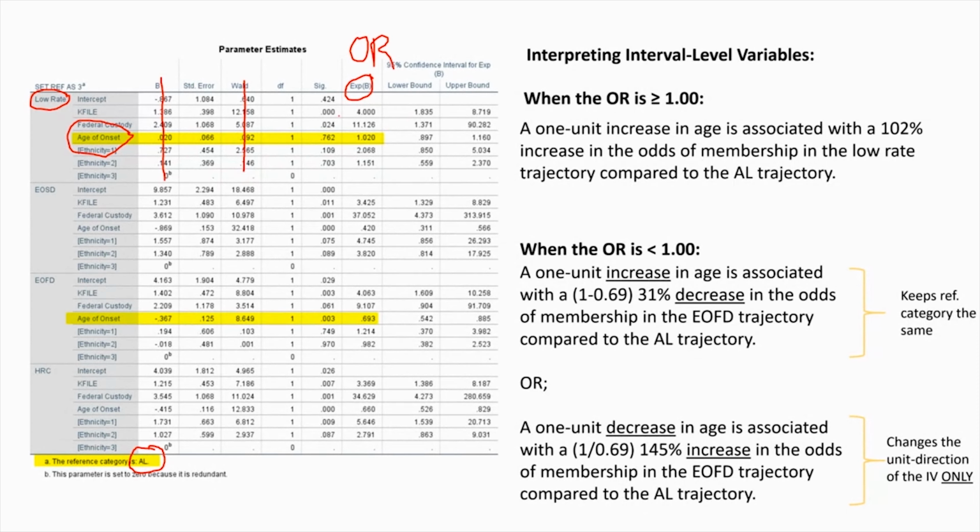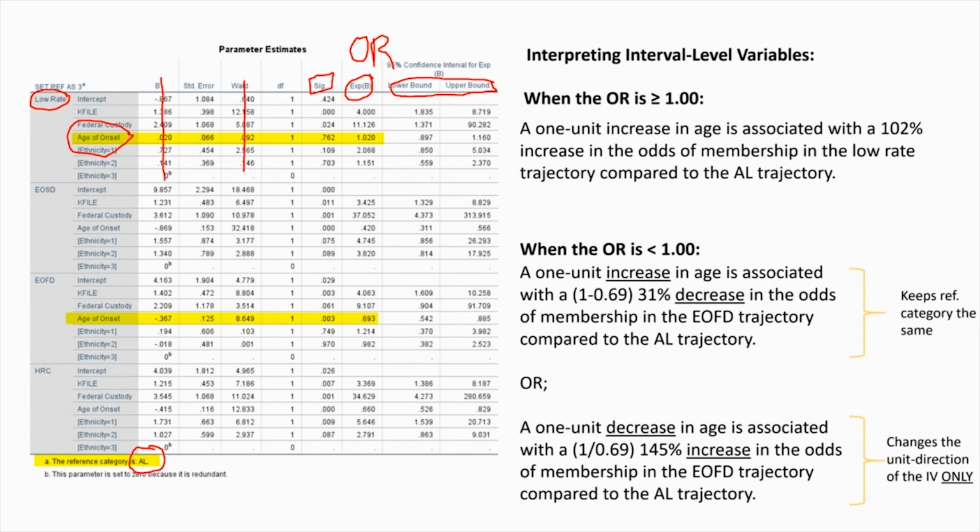So you're interested in this, you're interested in whether it is significant, and then you would like to look at, for example, the lower and upper bound of the confidence interval to see how accurate that odds ratio likely is.